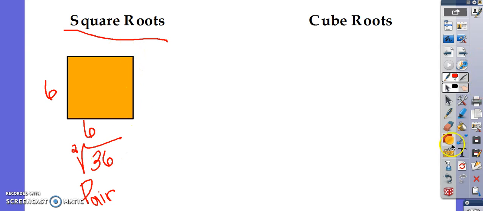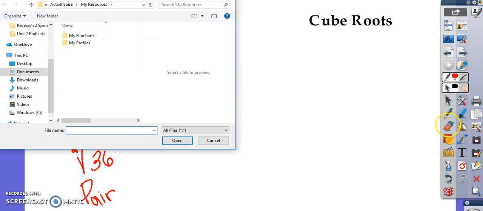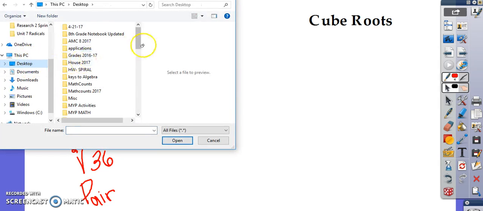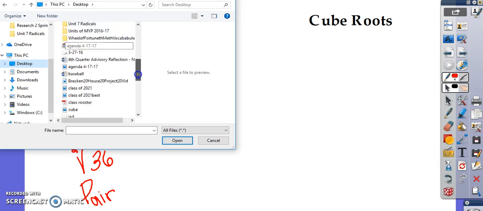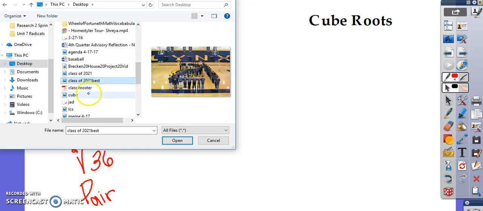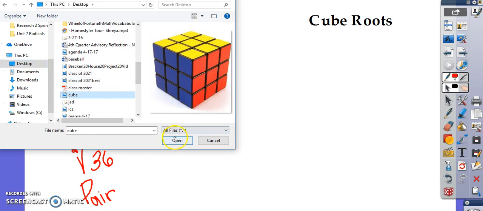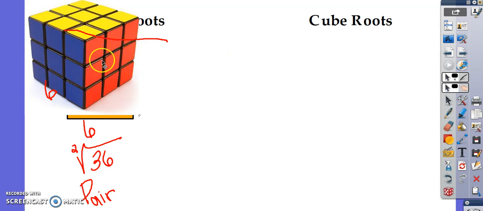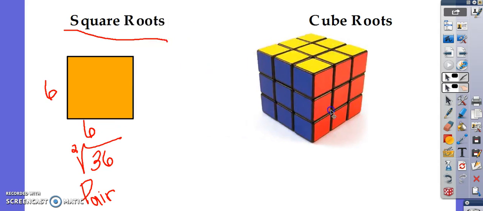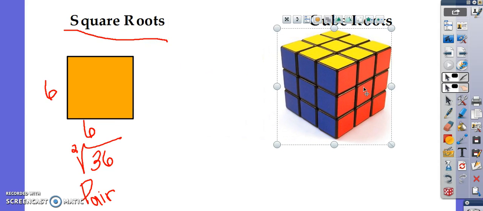Now, whenever you look at something different, like a cube root, a cube root is exactly what it says. You are looking at a three-dimensional object, such as this.